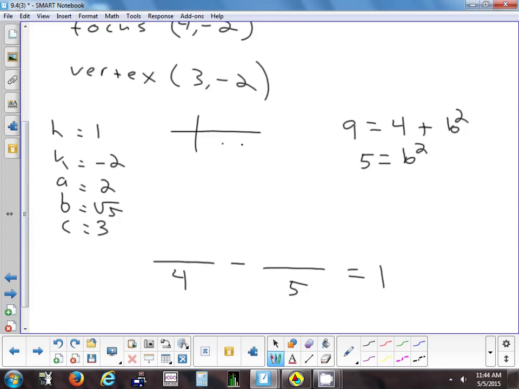So what letter does that mean I want to put first? X. So you're going to have x minus something squared, y minus something. Remember now you're going to put in your center. Always put h with x, k with y. H comma k. So we're going to have x minus 1. What's going to happen when I plug in k?